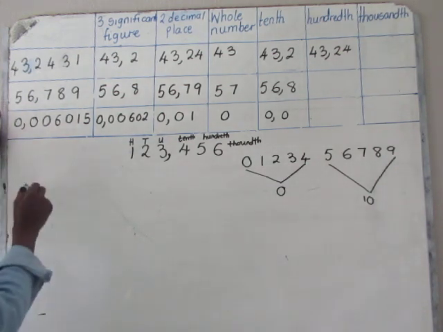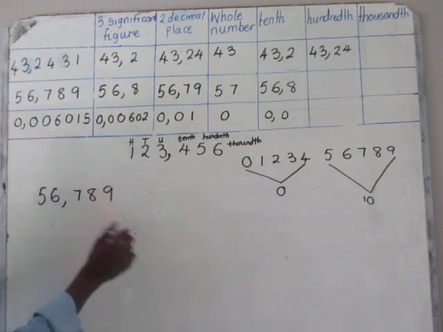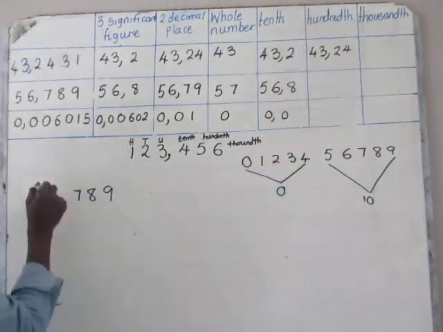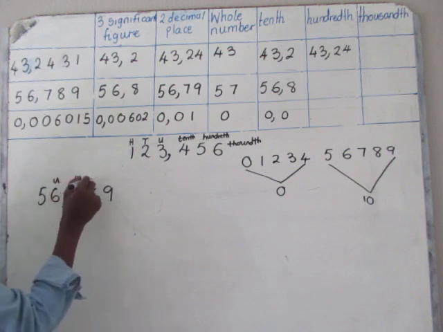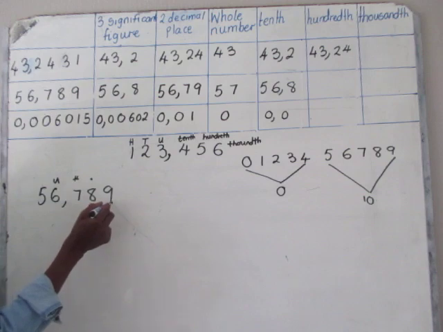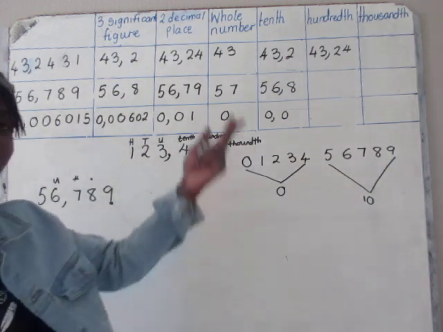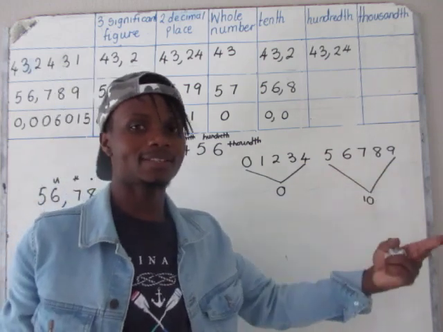Then rounding 56.789 to the nearest hundredth. This is my unit, this is my tenth, then this is my hundredth. So I only need this hundredth. I look at 9. Does 9 round up or down? 9 rounds up to 10, so we say plus 1.